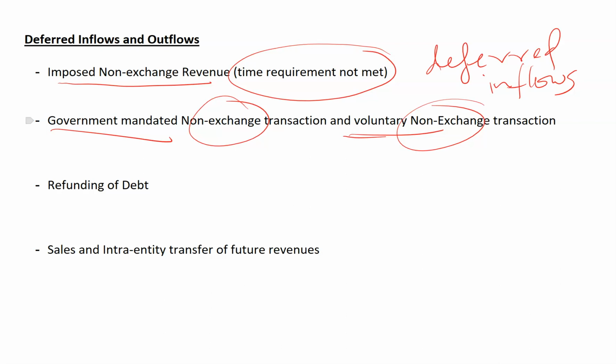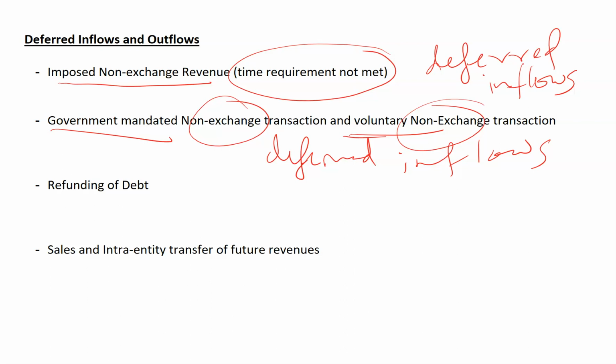then you have to show that part as deferred inflows. For example, there might be some criteria. You received a grant from the federal government, and the condition is that you have to use it in the next few years, not all in one year. So you cannot recognize the entire amount as your current year's revenues. Rather, you will show it as deferred inflows.